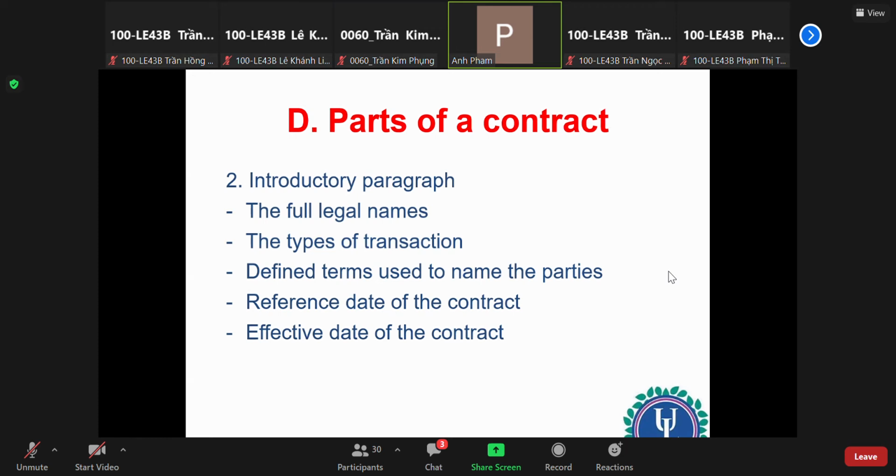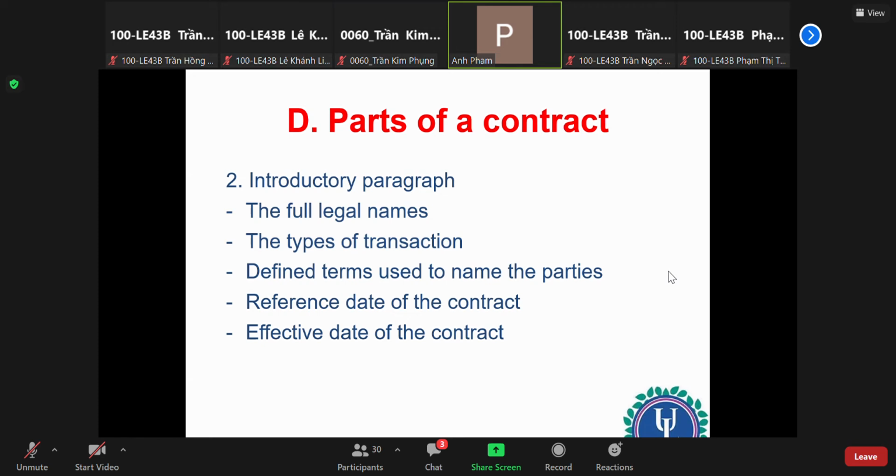So actually, the parties can agree on the effective date at any time. And the effective date may be before the date of the contract or after the date of the contract. It's not a big issue, right? The issue here is the date of the contract. When?